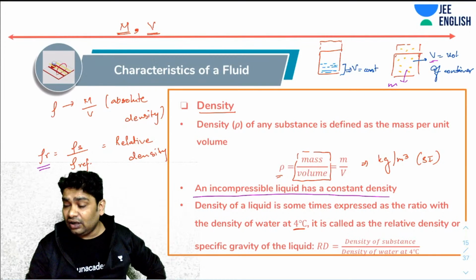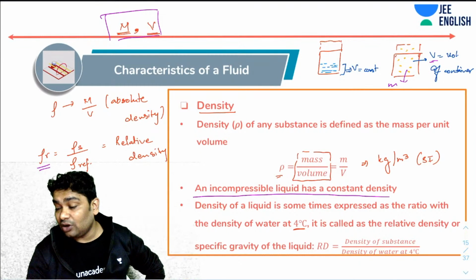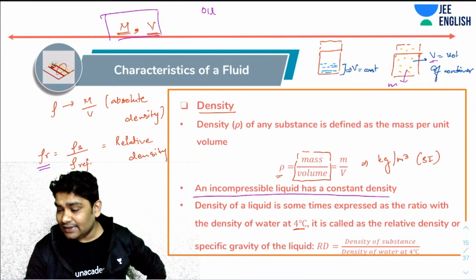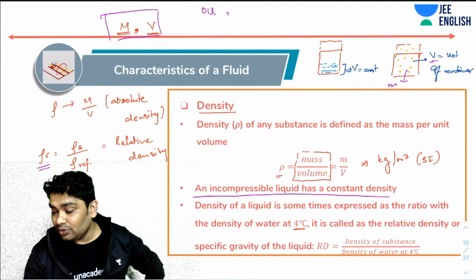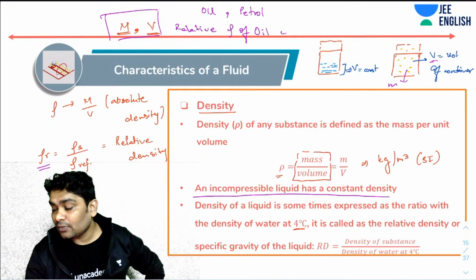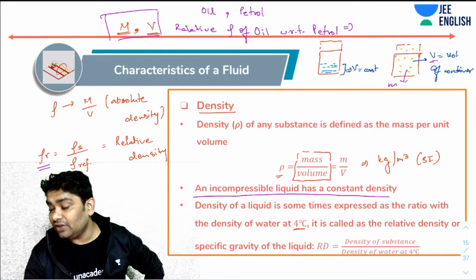So if you have two liquids, let's say some kind of cooking oil, and then another liquid, let's say petrol. The relative density of oil with respect to petrol would be the ratio of the density of oil to the density of petrol.